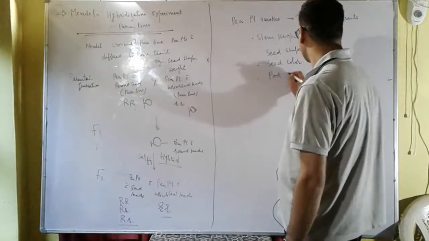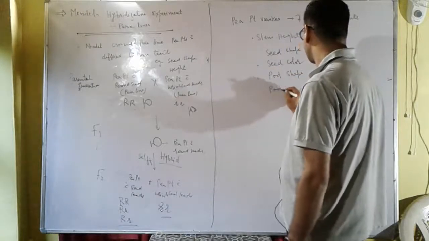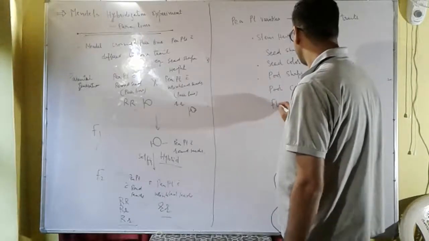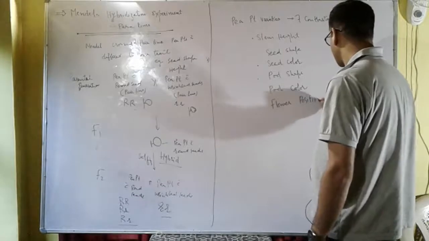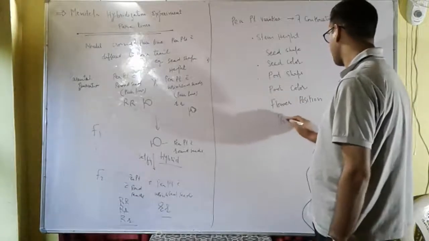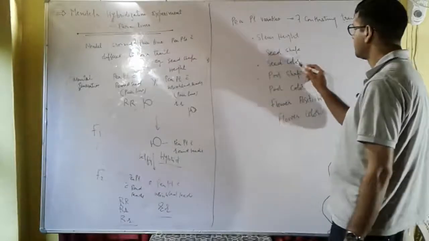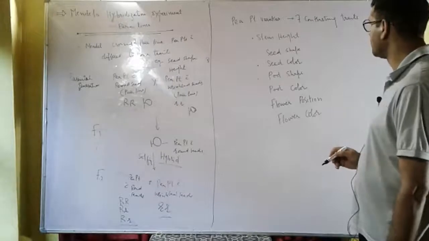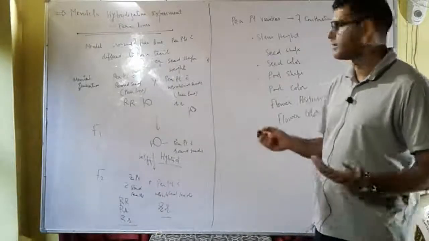Pod shape, pod color, flower position, and flower color. These are the 7 contrasting traits which were selected by Mendel for his hybridization experiments.